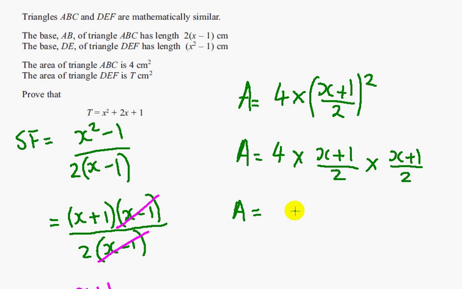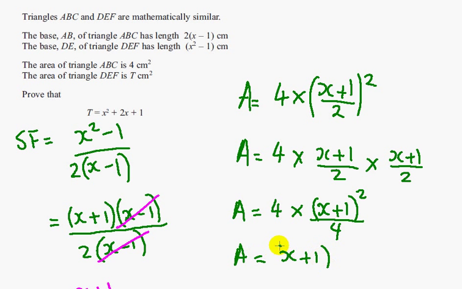So that means it's going to be 4 times x plus 1 squared over 4, and we can cancel out those 4s to leave us with the area of x plus 1 squared.